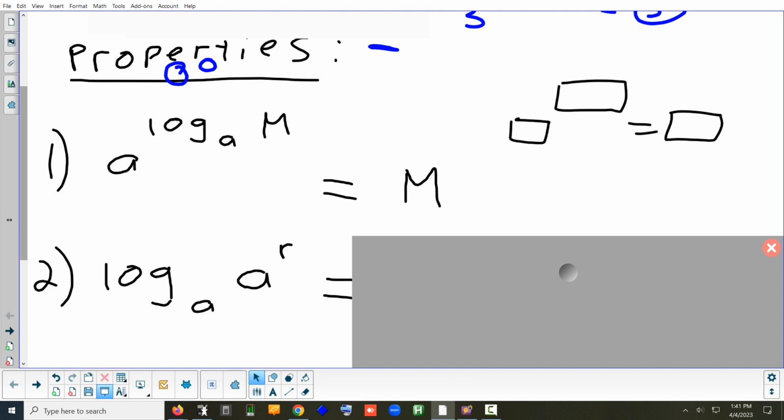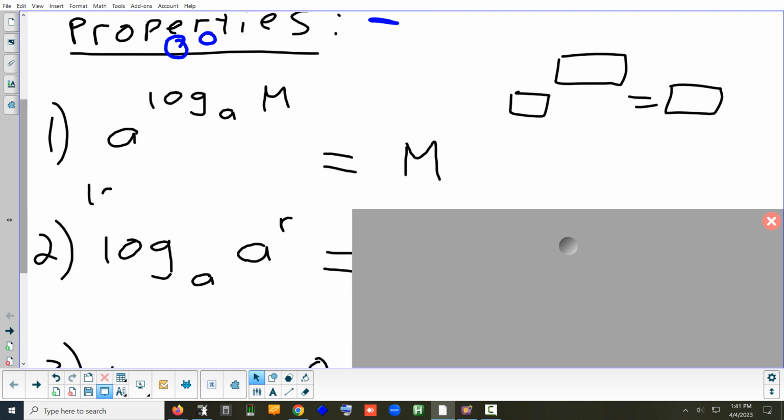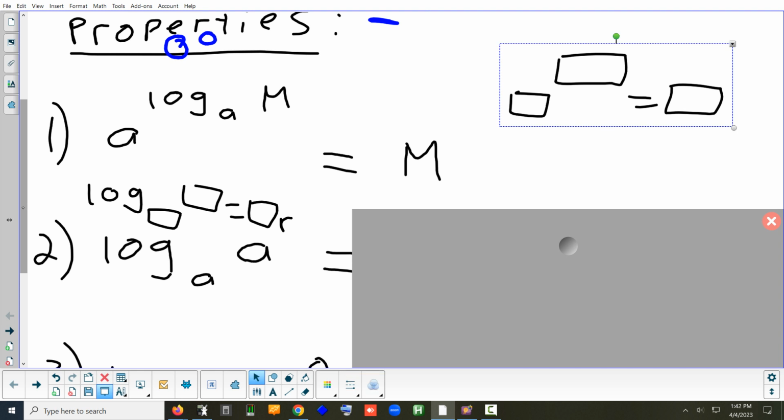And you have something raised to a power equals that. Now, this is different. This is log form. Log form always looks like this. Log, something here, and then you put something on the other side. That's very different than exponential.